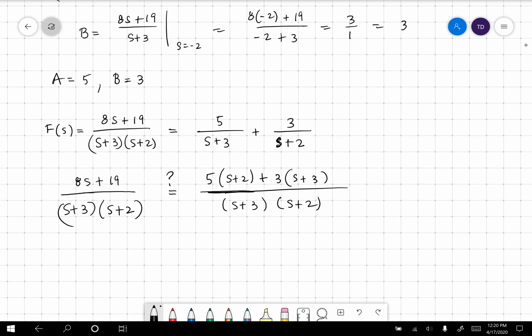B is equal to (s plus 2) times F(s) evaluated when s is equal to minus 2. That's going to be equal to 10s squared minus 3. Notice the numerator never changes. It's just the denominator. This time the denominator is (s plus 1)(s plus 3), because I'm multiplying through by s plus 2.